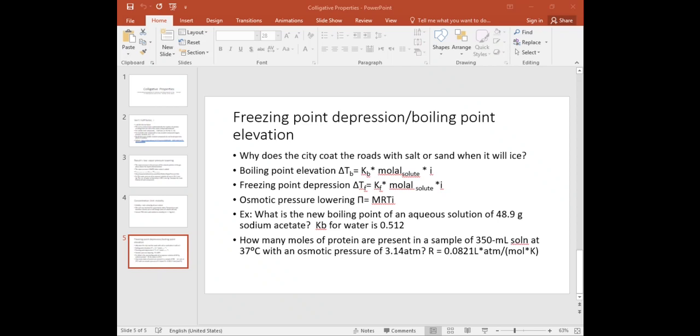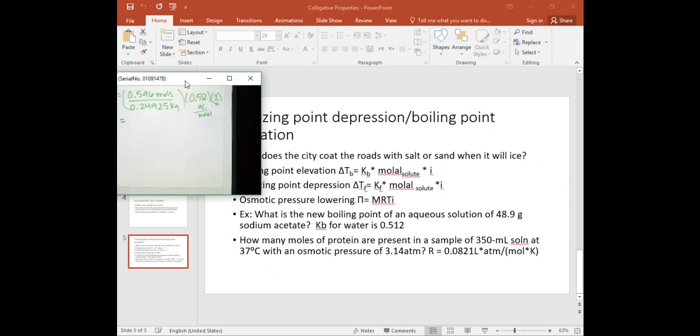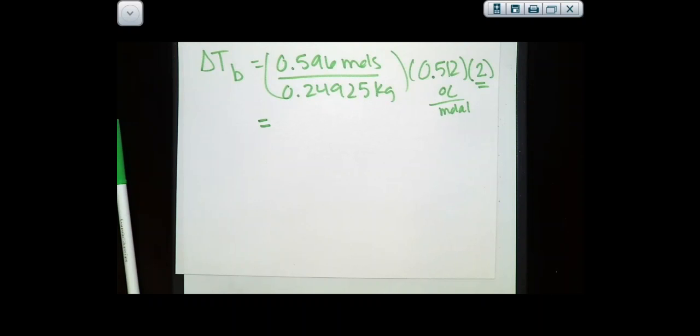So I'm going to pop over and multiply all this out. I'm going to put this over on our other screen and work this out. Okay, so 0.596 moles divided by 0.24925 kilograms. So that's my molality, times 0.512.